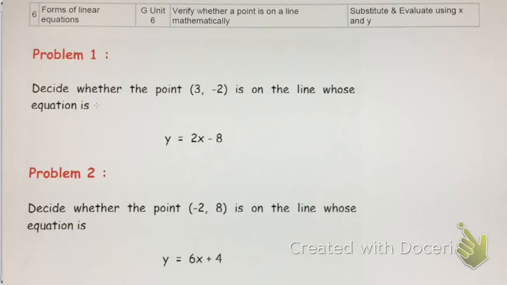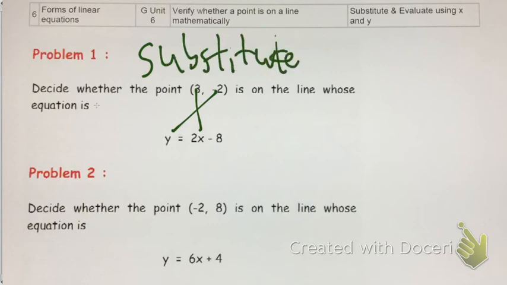All right, so we're just going to finish this up with deciding if a point's on the line. It's just plug and chug, substitute and evaluate. In other words, drop negative 2 in for y, drop 3 in for x, and if the equation's balanced, that's what we call in our business substitute and evaluate.